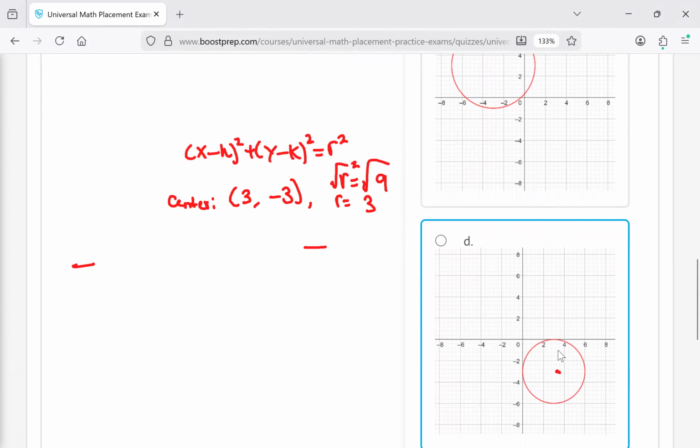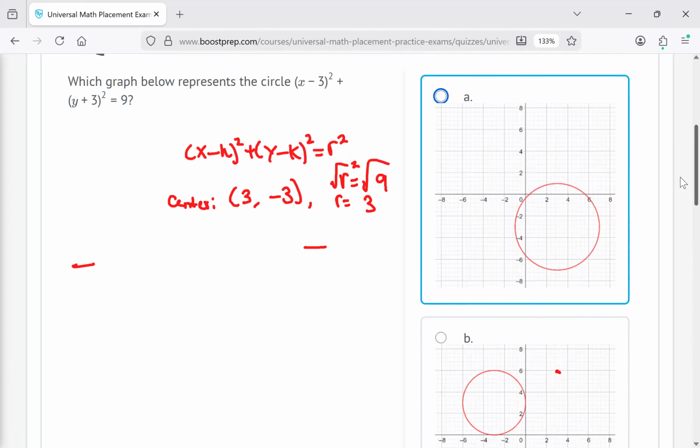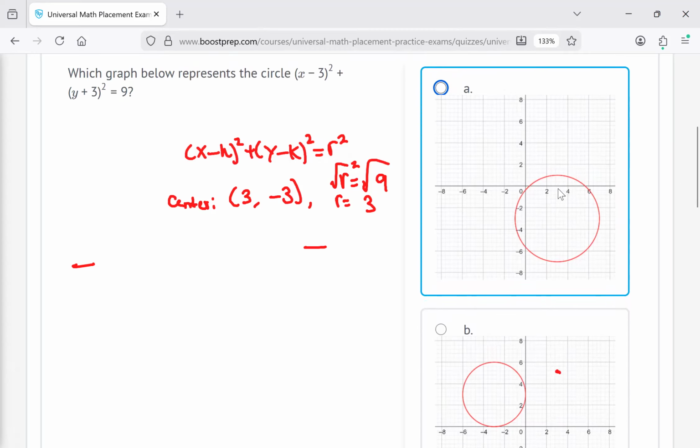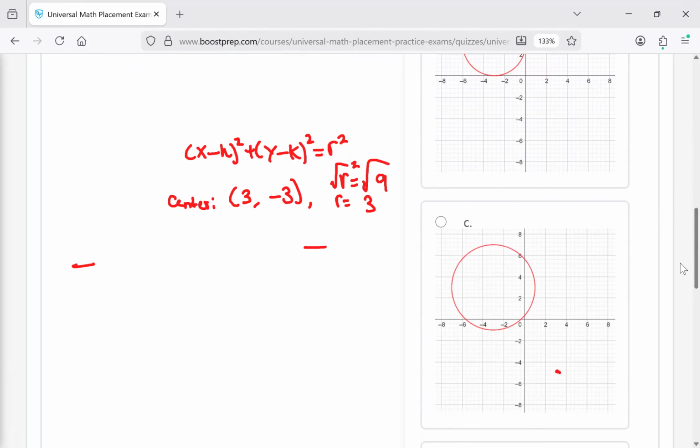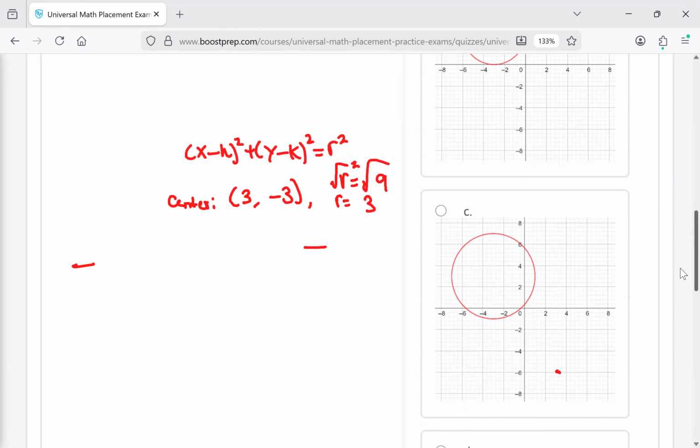Yeah. So what's the difference between D and A? Oh, yeah, I think this is a bit off. Here's 3 comma negative 3, but the radius is not correct. So I think it is letter D.